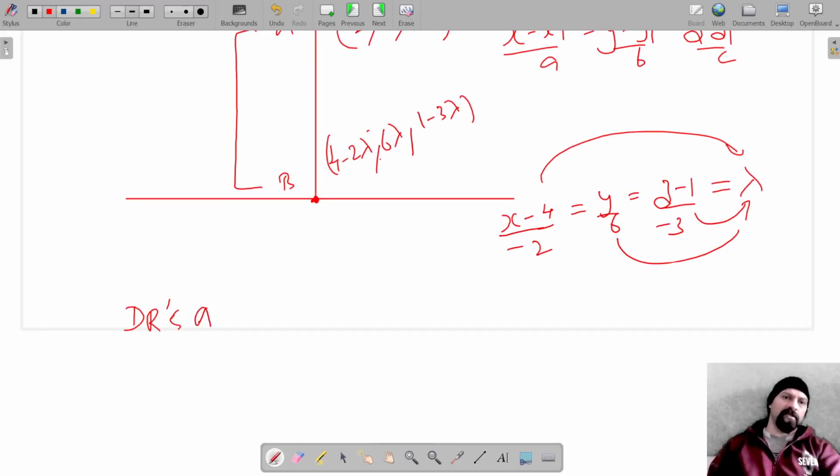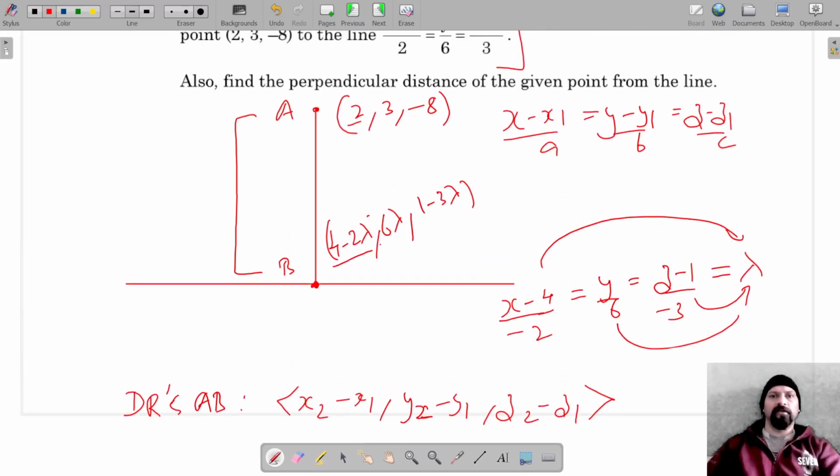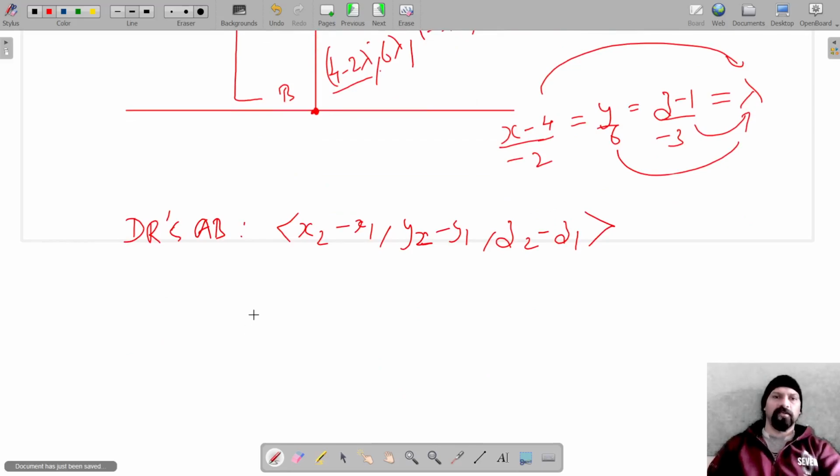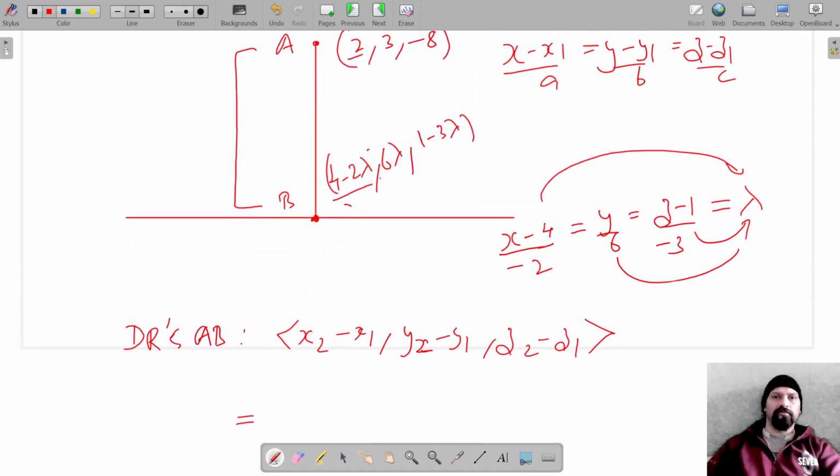I'm going to write down the direction ratios of line AB, which are given by x2 minus x1, y2 minus y1, and z2 minus z1, if you know the coordinates. So this is x2, y2, z2, and x1, y1, z1.